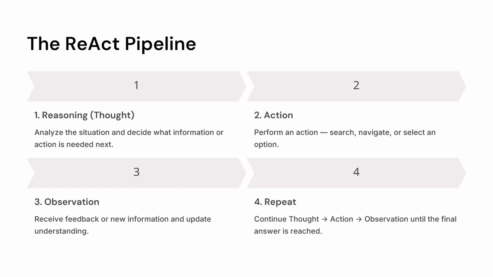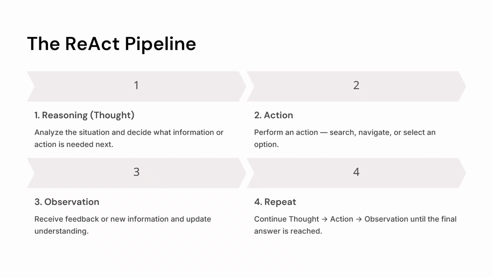Firstly, it analyzes the question or problem, and based on that problem, it decides what information it needs or what action it needs to take. On this basis, it takes the action, that is either searching Wikipedia articles or selecting an option from the available ones.